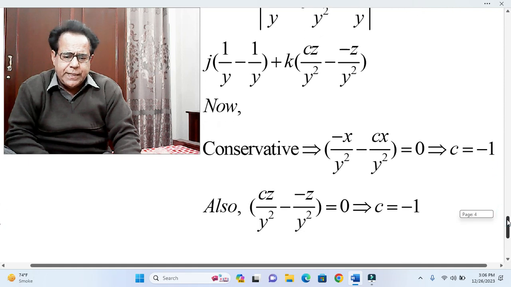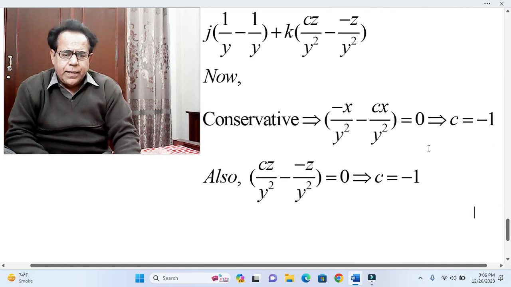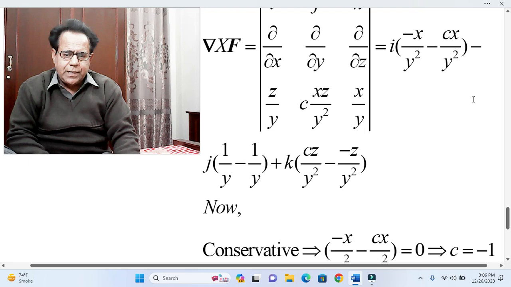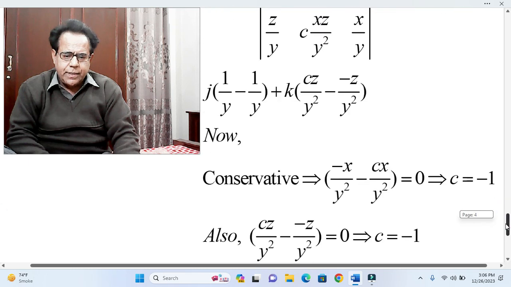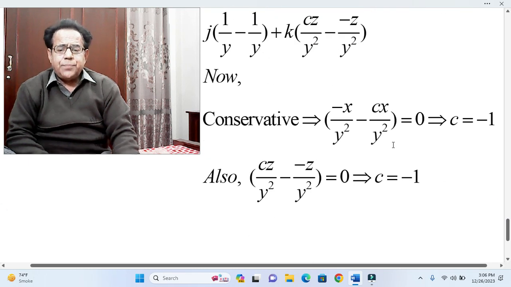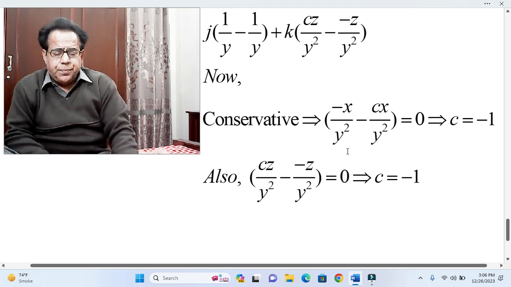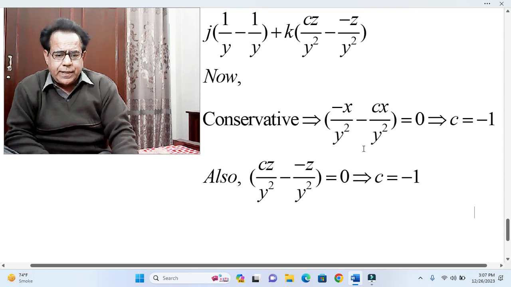Okay, first we deal with the first: minus x over y square minus cx over y square.